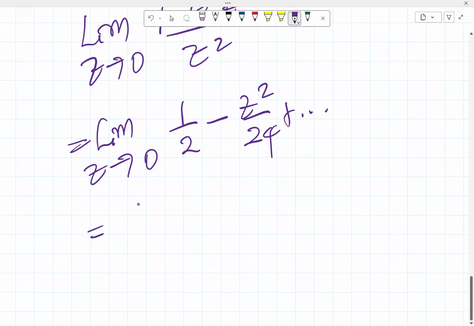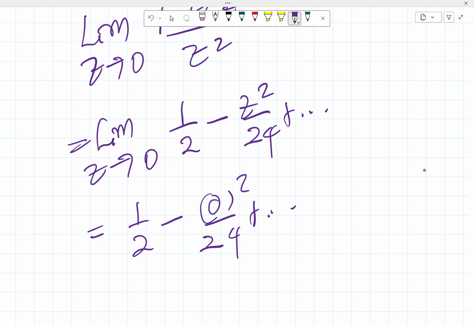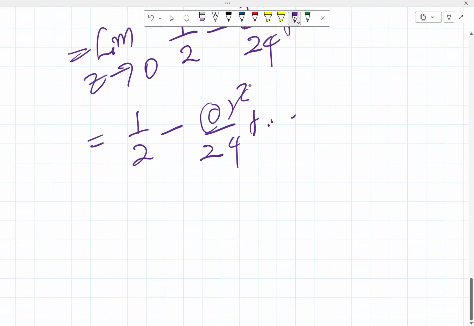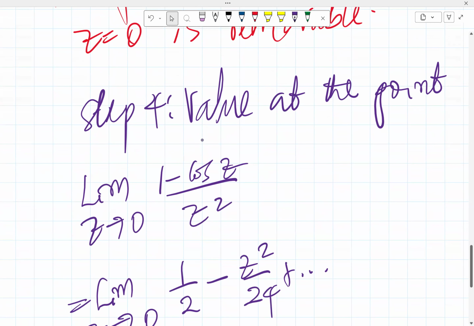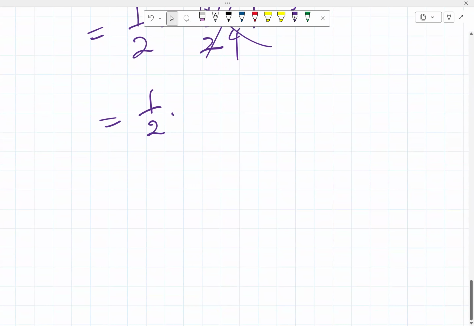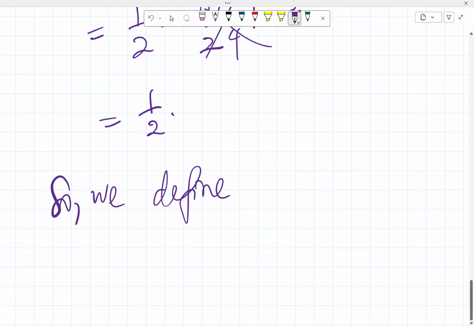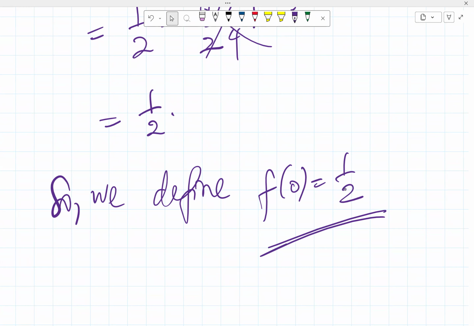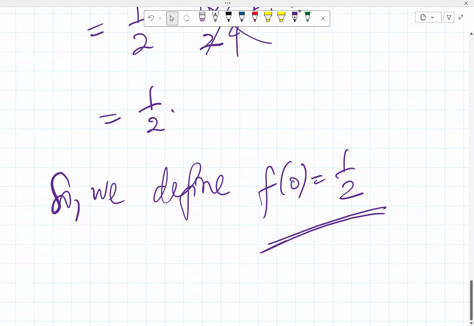Now you can substitute directly. So we have half minus 0 squared all over 24 plus all of that. Whatever z we have there will be 0, so this goes, and then we have 1 over 2. So with that, we define f of 0 equals 1 over 2, basically.